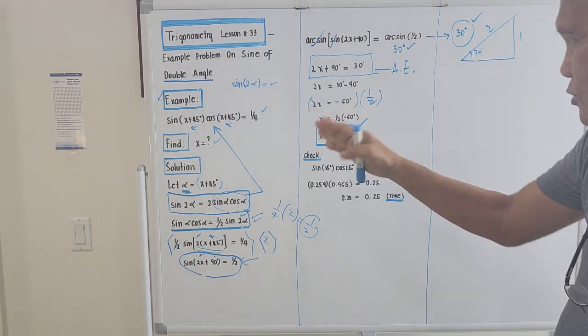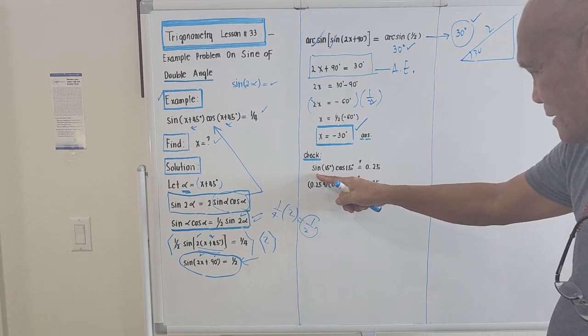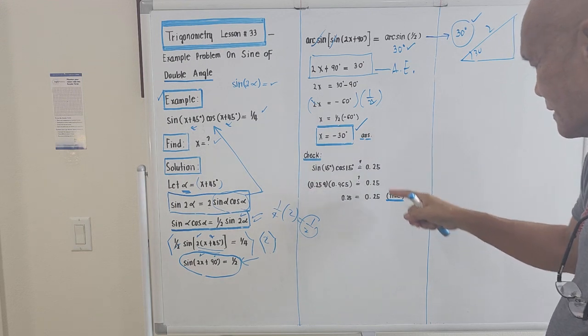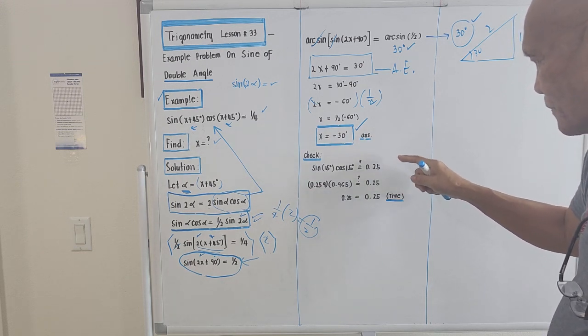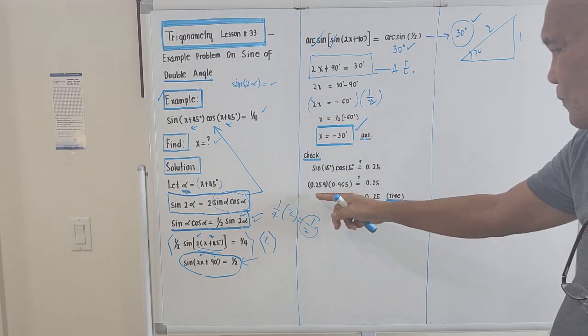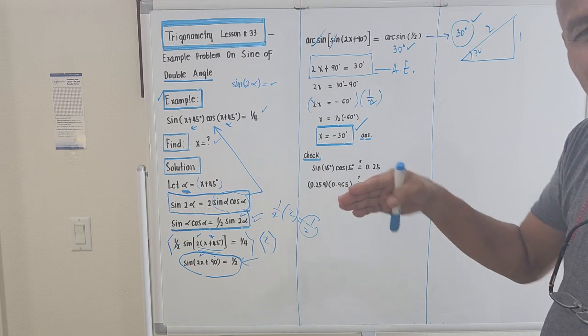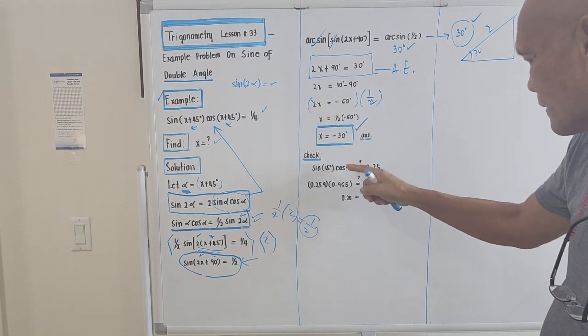So what we are solving from the given equation is sine of 15 degrees times the cosine of 15 degrees. Will it be equal to 0.25? Sine of 15 degrees is a small value, 0.259. Cosine of 15 degrees is almost unity, 0.965.